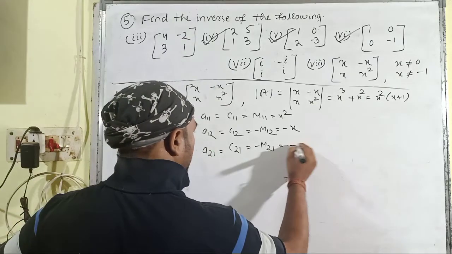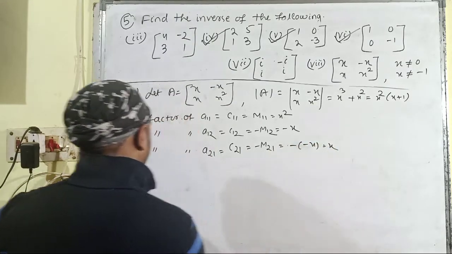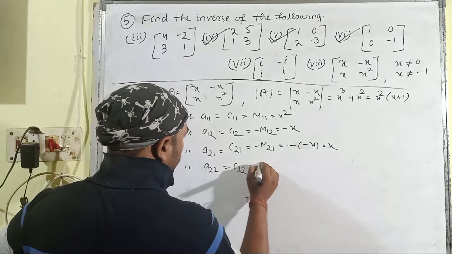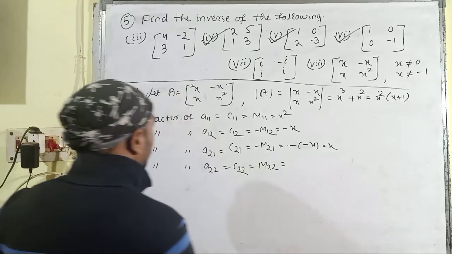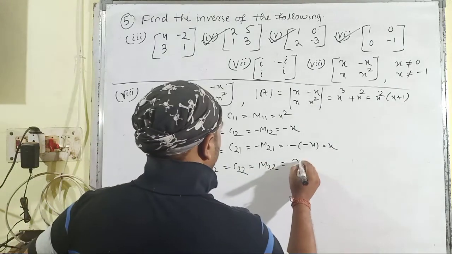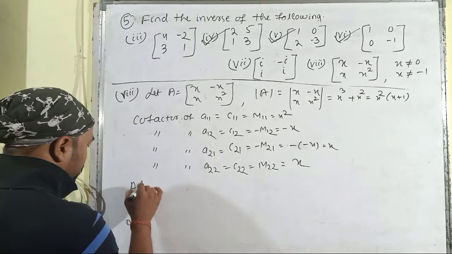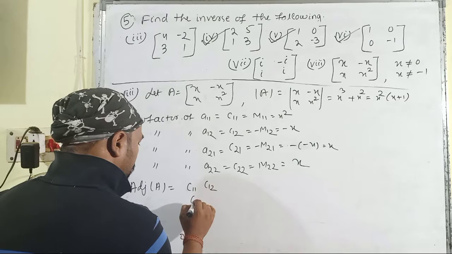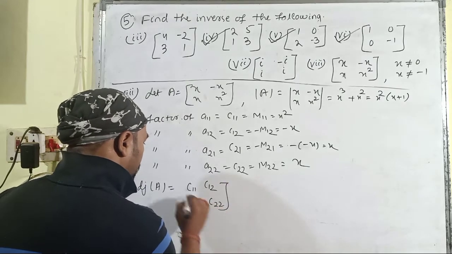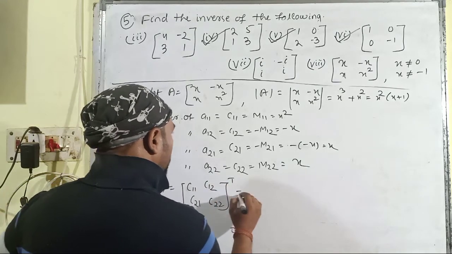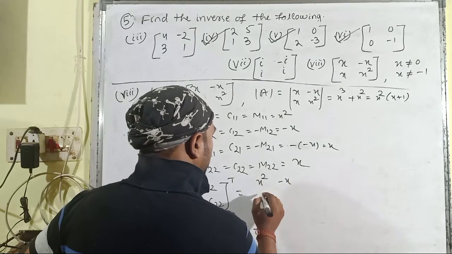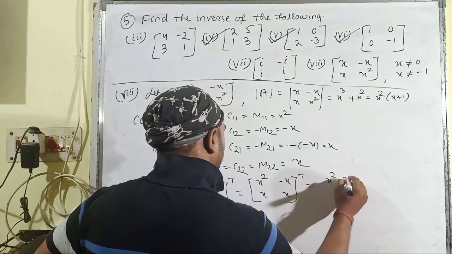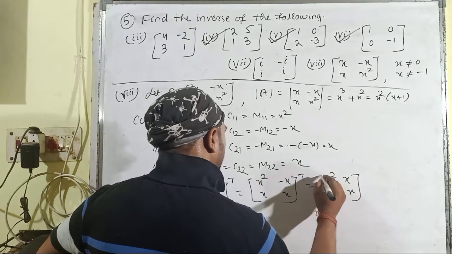Then cofactor of A22, which is C22, which is equal to M22, and that is equal to x. Then we have to find the adjoint of A. This is the transpose of the cofactors of the given elements. So it will be equal to [x square -x; x x], and its transpose will be [x square x; -x x].